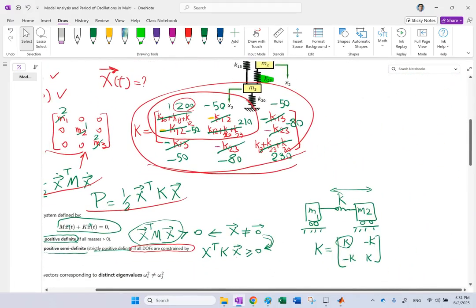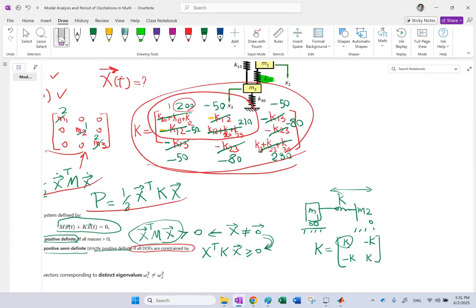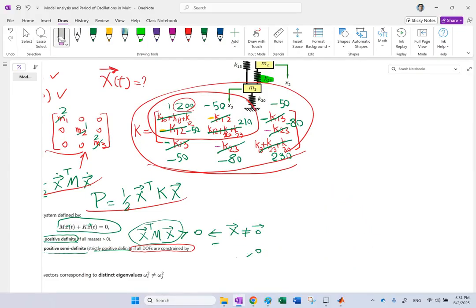How do we do that? Well, what we need to do is to find the M inverse times K matrix, and then from the eigenvalues and eigenvectors of that, we can find the natural frequencies and the mode shapes, correct? So let's go ahead and do that. So here what we need is the M inverse times K matrix.